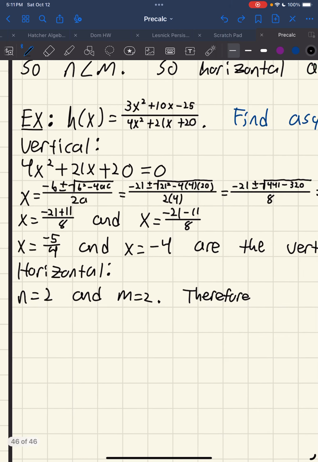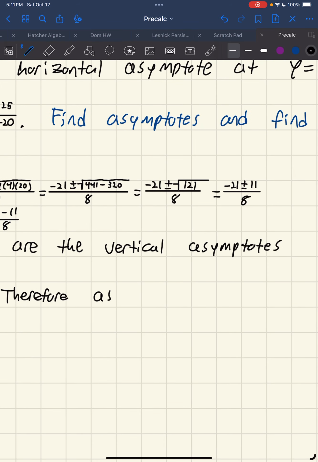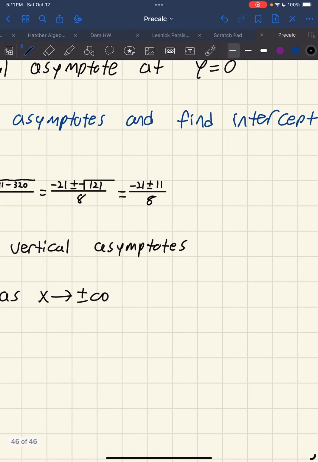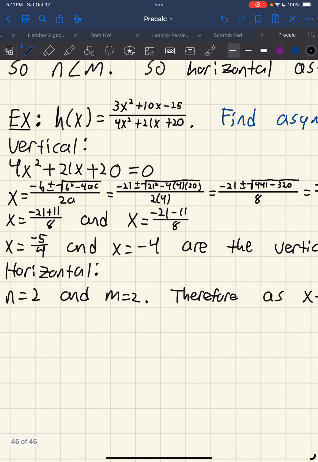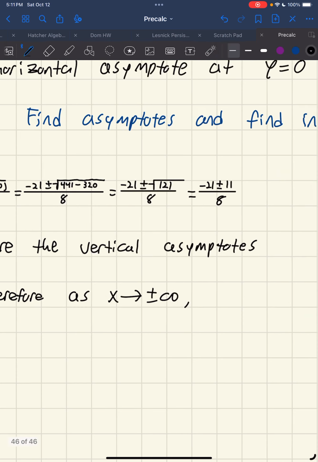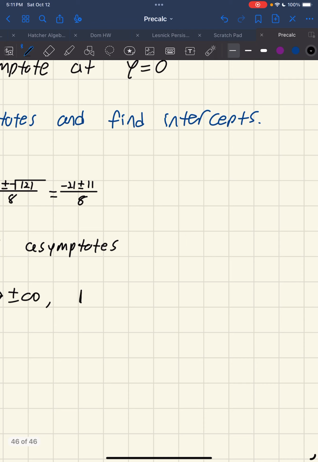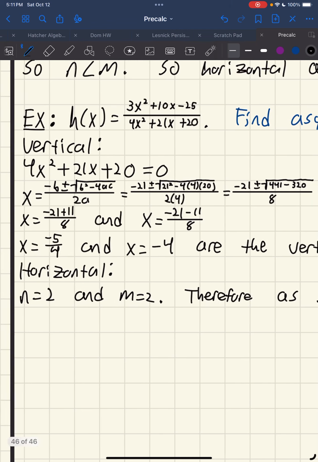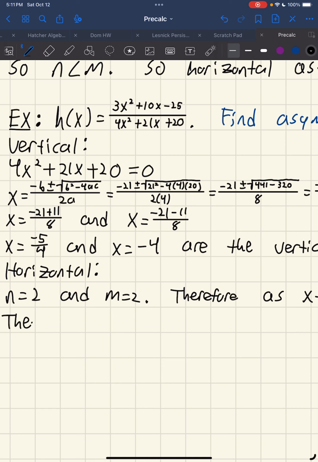Therefore, as x goes to plus minus infinity, whether it's going to plus infinity or minus infinity, you get to choose, either way, it doesn't matter, h of x is approaching 3 divided by 4, or just 3/4. Or in other words, there's a horizontal asymptote.